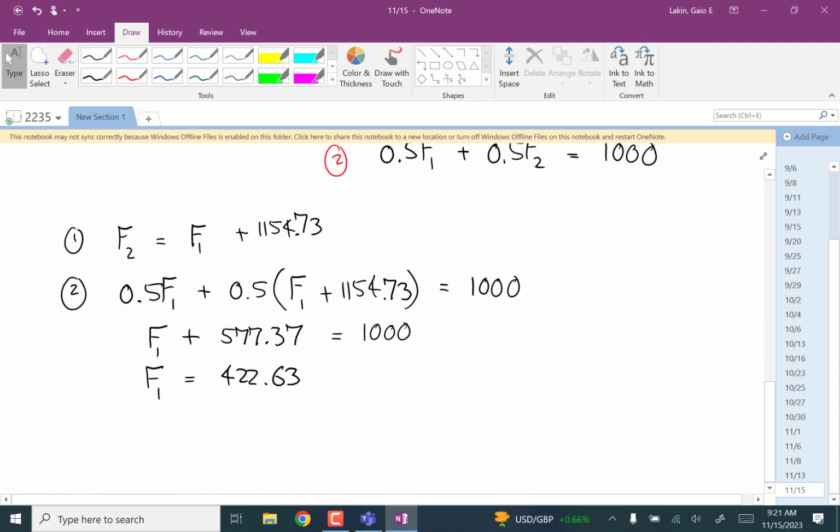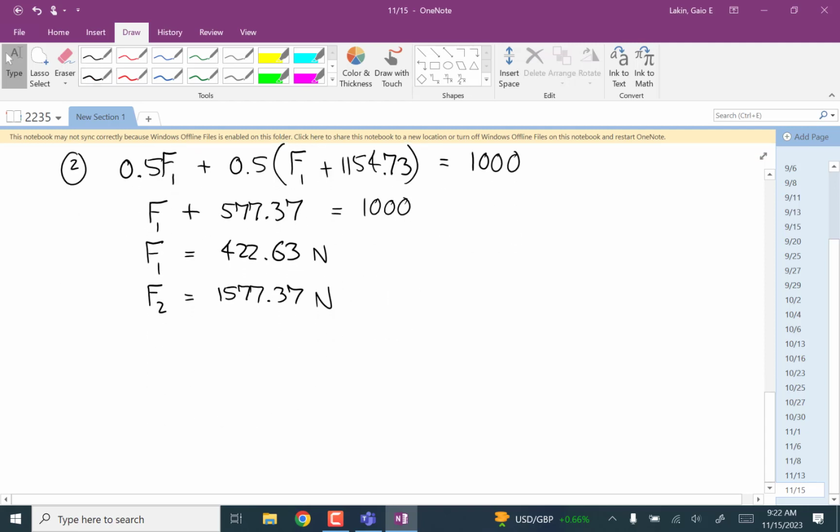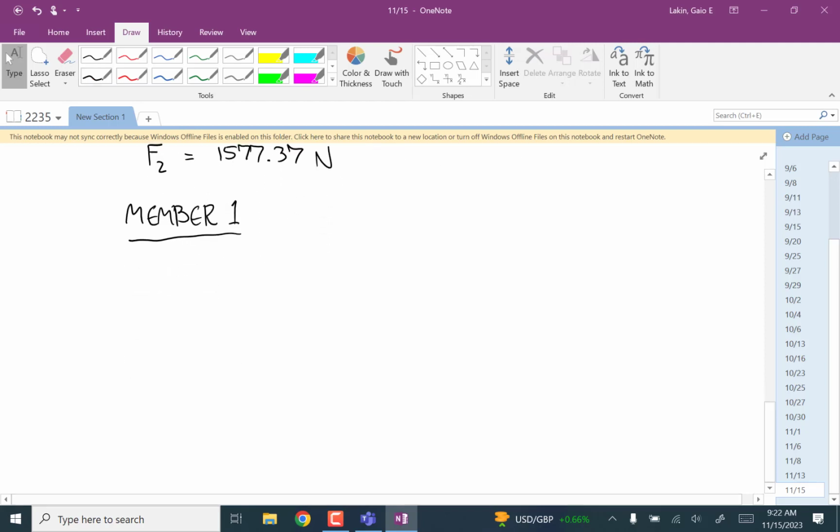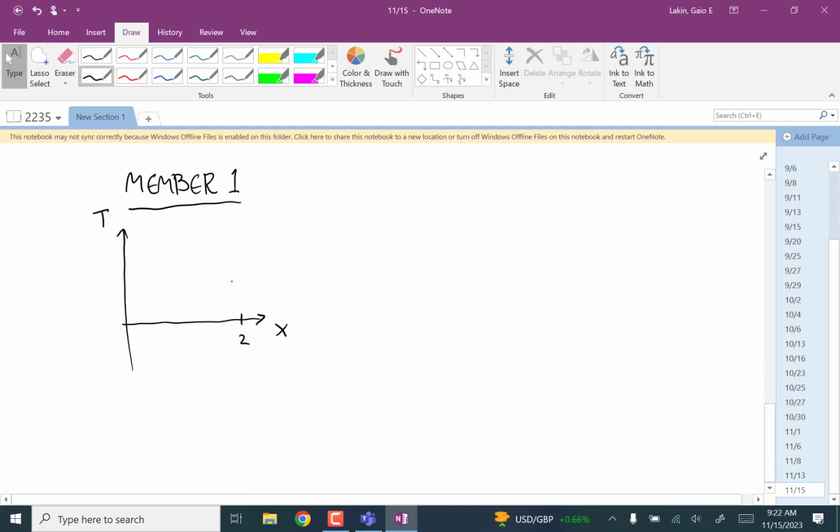And then F2 is 1577.37. Okay, so for member 1, if we draw these diagrams, we're at 422, and then the other two are just zeros the whole way.